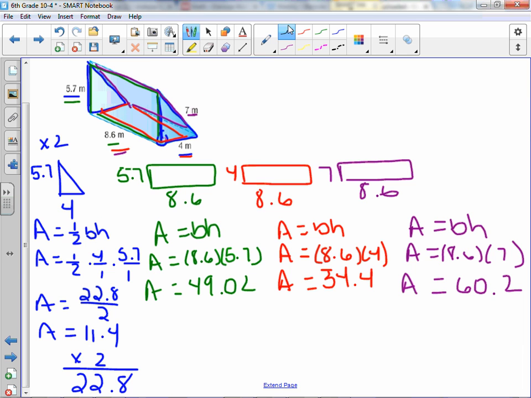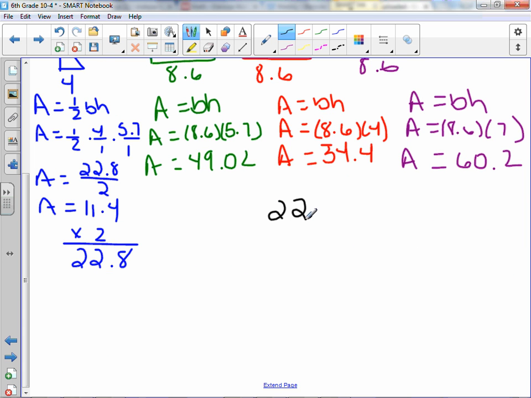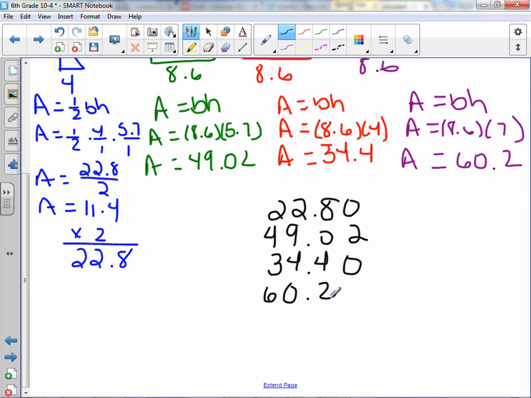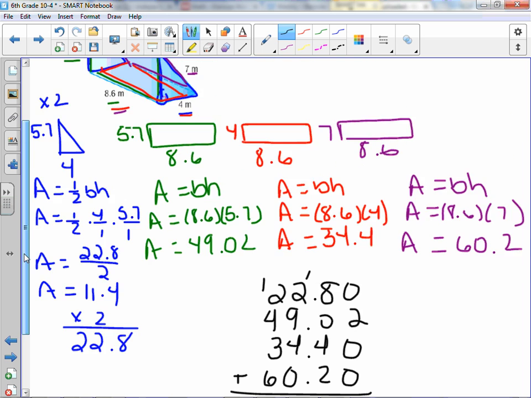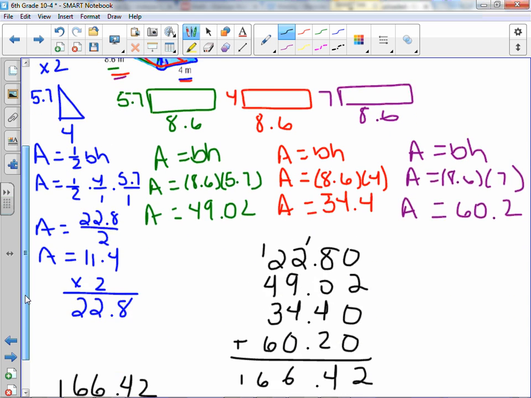Add all these amounts together. 22.8, 49.02, 34.4, and 60.2. So our total area is 166.42, and it is in meters squared.